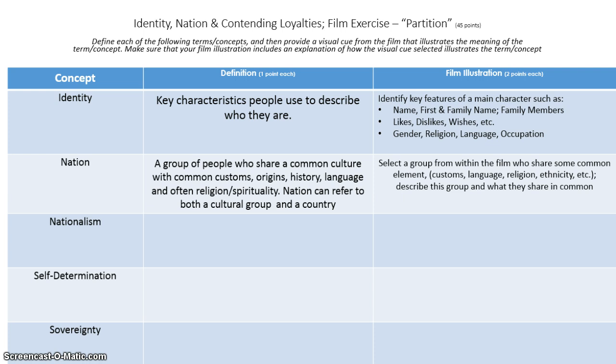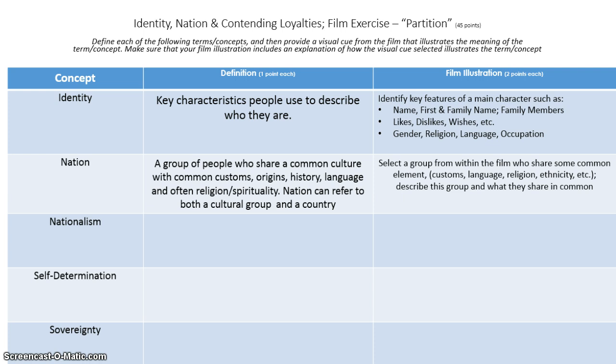Now, this is how you would approach this exercise. Again, you would complete the definition portions, as you see here with identity and nation, and you would complete the remaining portions or concepts and terms for the assignment.